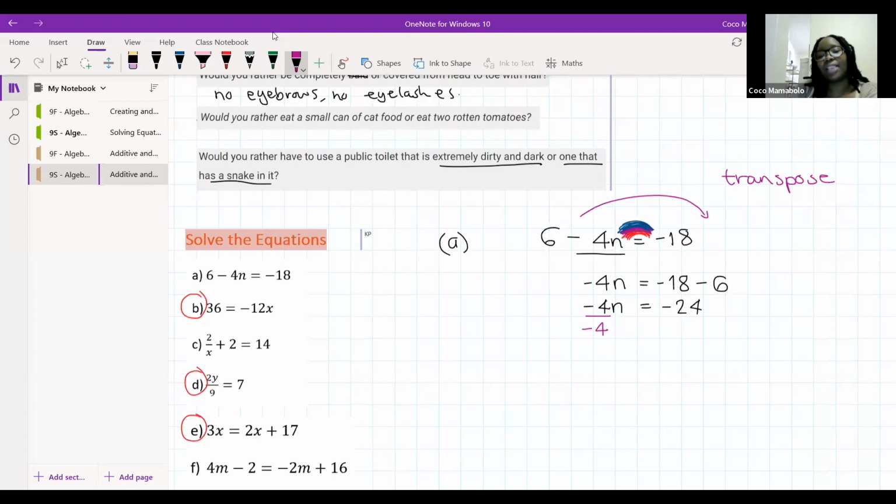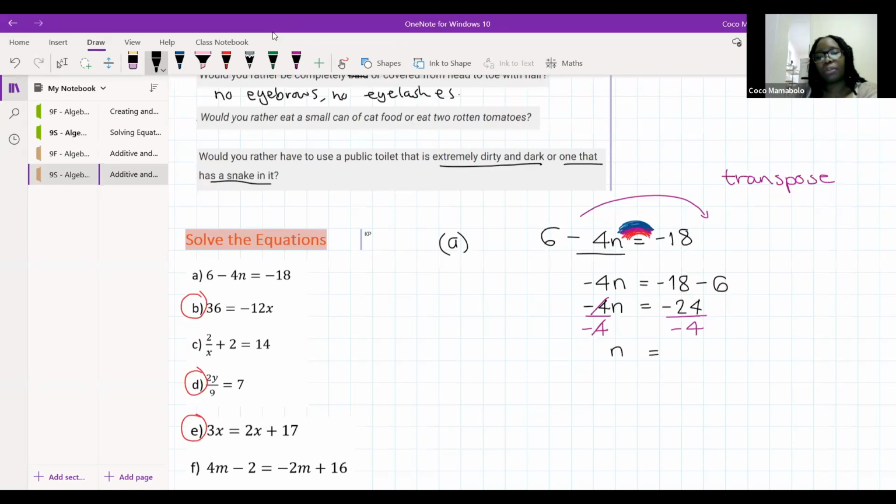But if I divide this side by negative 4, I must also divide the other side by negative 4. So negative 4 divided by negative 4 is going to give us 1n, which is just n. That is equal to negative 24 divided by negative 4.